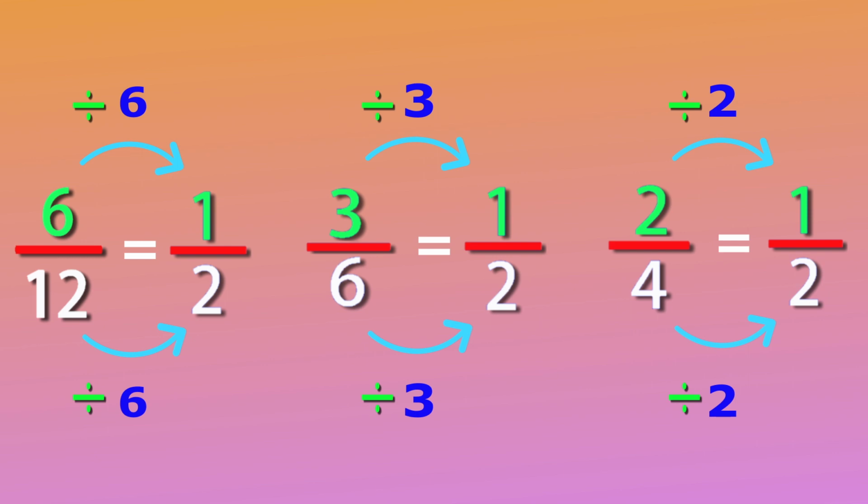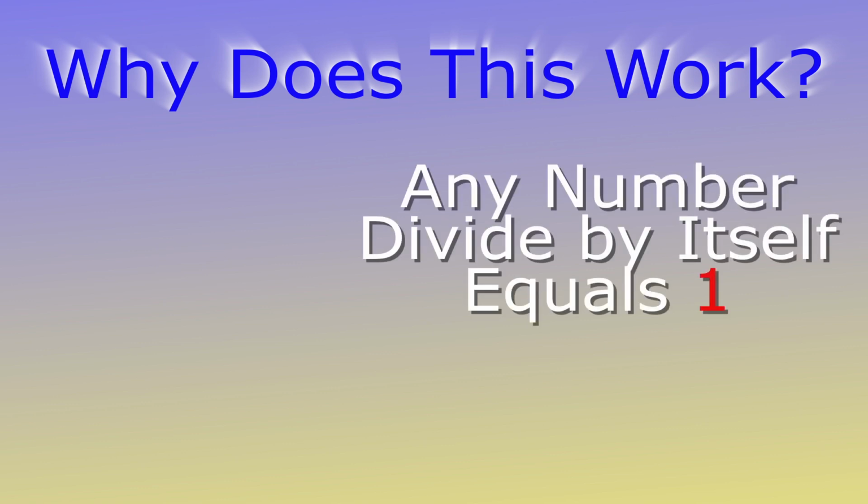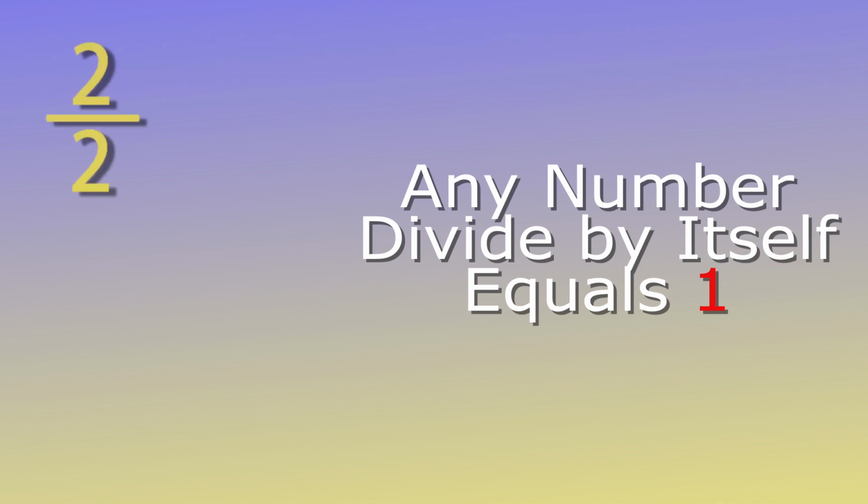So all these fractions are equal, but why does this work? Well, it's because this technique exploits a mathematical fact which I'm assuming you are aware of, and that is any number divided by itself equals 1. How does that apply here? Well, take 2 over 2. 2 over 2 equals 1.